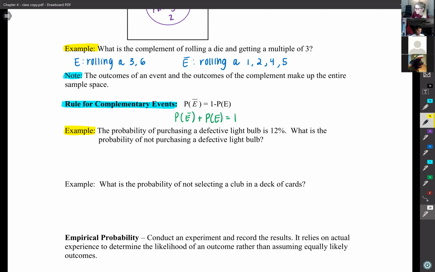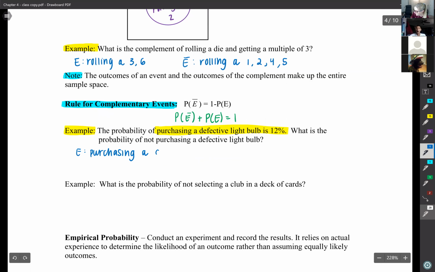So if you know that the probability of purchasing this defective one is 12%, let's say that that's my event E, is purchasing a defective light. And we know that the probability of E happening is 12%, which translates into just 0.12.